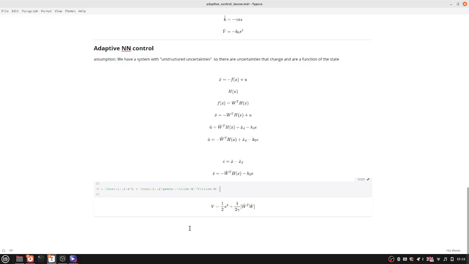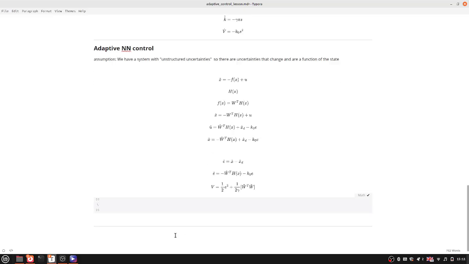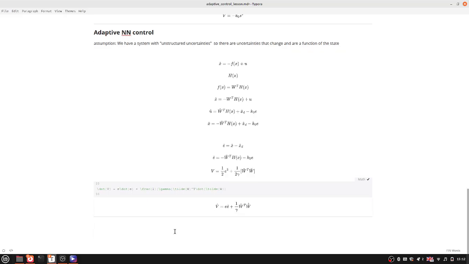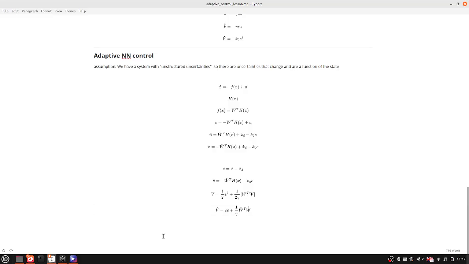Cool. So now we can define V dot as E dot plus 1 over gamma, and it's going to be W tilde transpose, nothing changes there, and the next one will be W tilde dot, which is good because we'll recognize that that will be our adaptive control law in a minute.